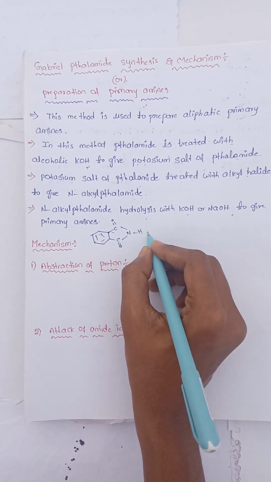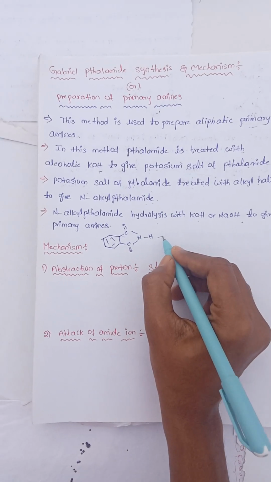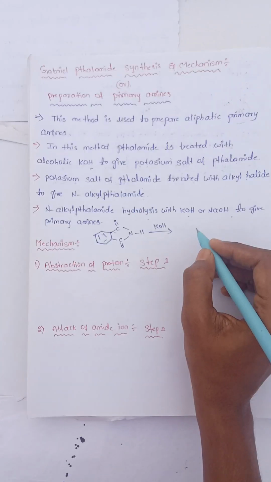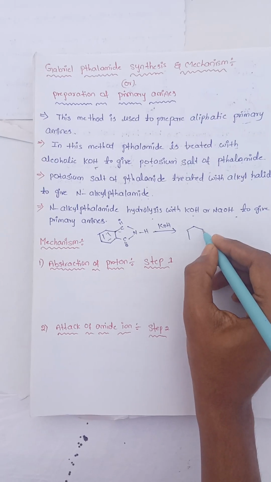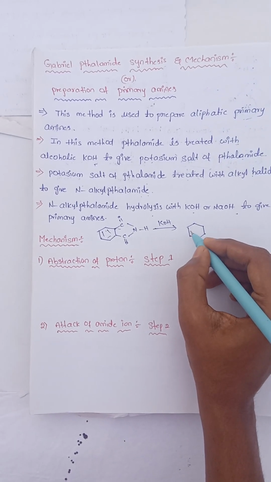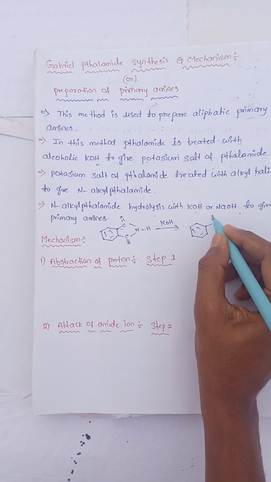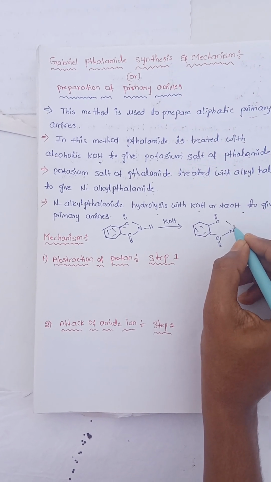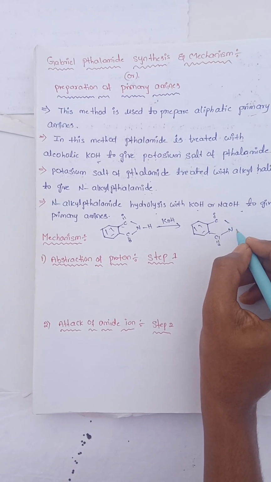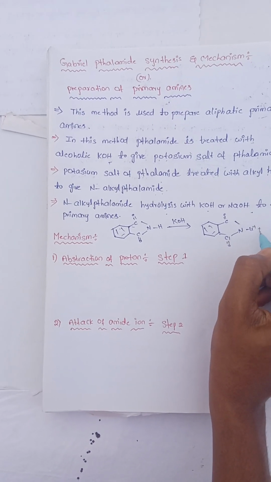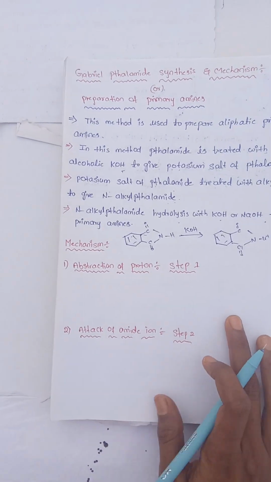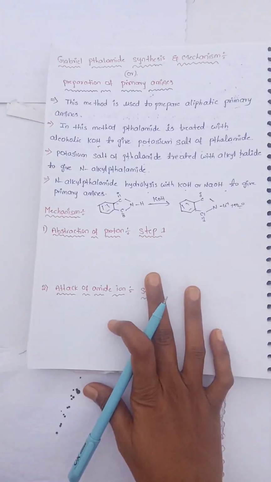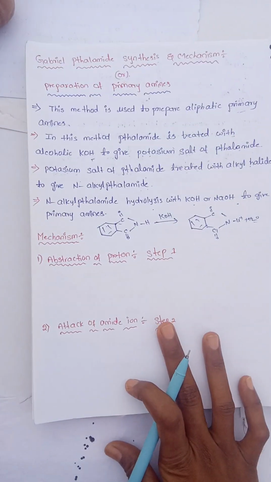In the presence of KOH, it gives the potassium salt, and then finally primary amines. This is the synthesis, and the reaction and mechanism are also like this.